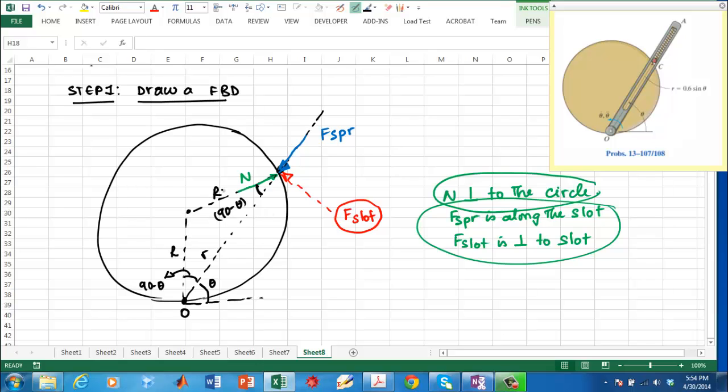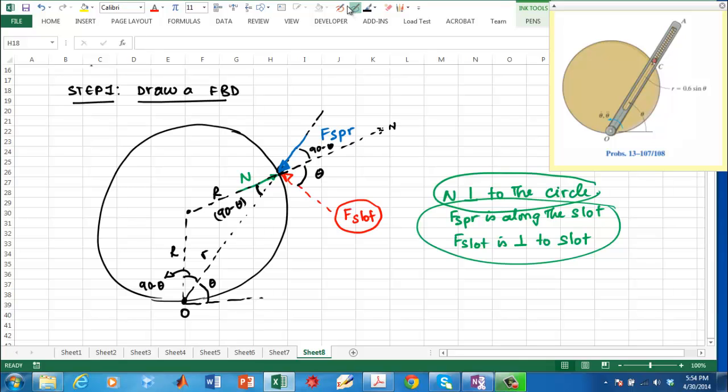This radius and that radius are the same. I'm going to draw this line here. So this angle will be theta because this is 90 minus theta. And the normal force is acting like that.